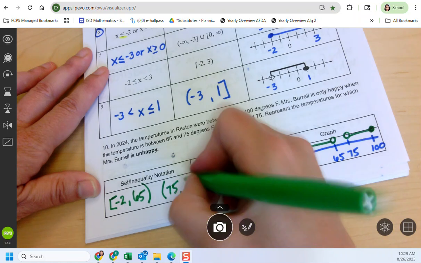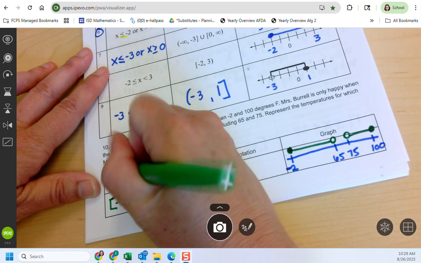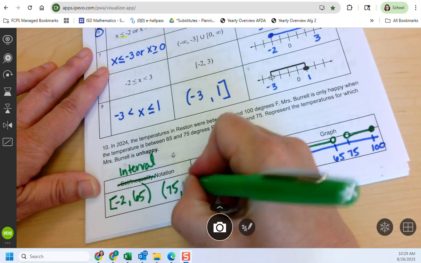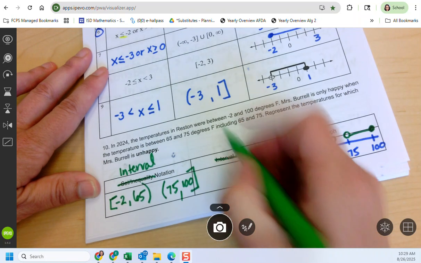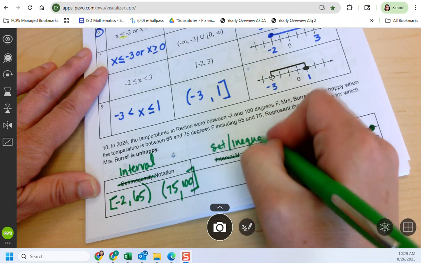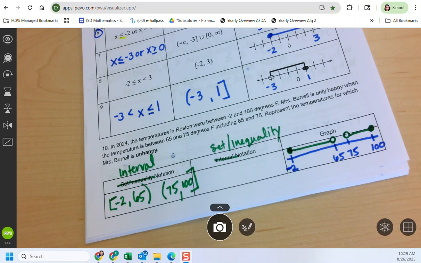And then the solid dot, oh, I did it in the wrong place, didn't I? I'm just changing the title, interval. And then this is 100. Sorry about that. I got so excited about my square brackets though.